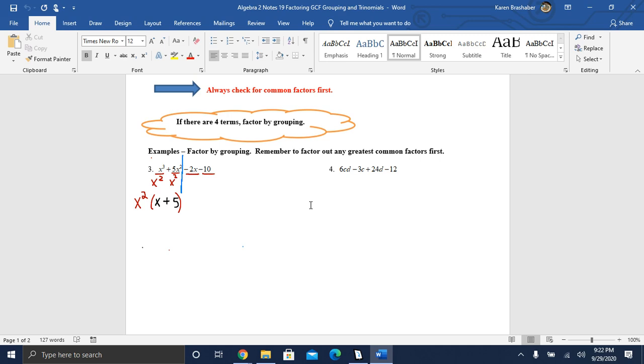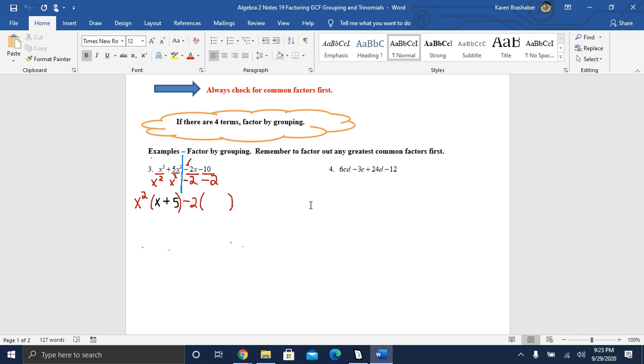And I have to be careful about my sign. If this sign is a negative, then I want to divide by a negative number, and -2 would be the number that would divide into both -2x and -10. So I'll write my -2 and then start my parentheses, just like I did in my previous two problems.